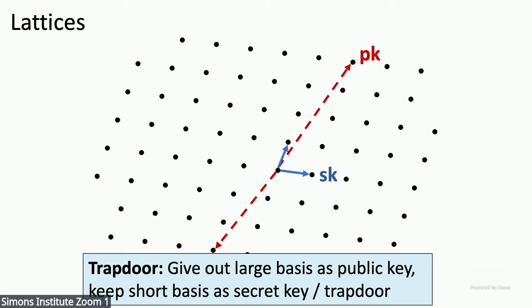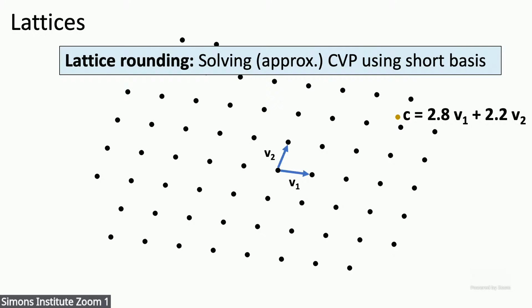And it turns out that this effectively gives you a trapdoor. The very rough intuition is that a short basis allows you to solve approximate closest vector, and the algorithm is kind of what you would expect.